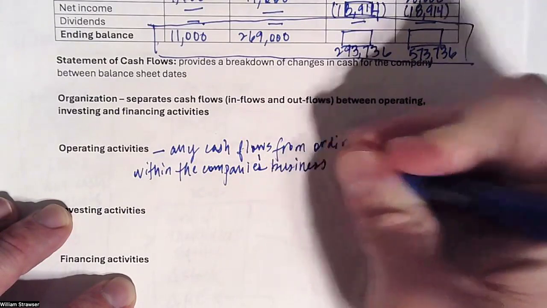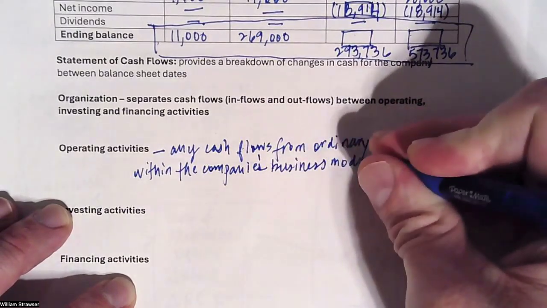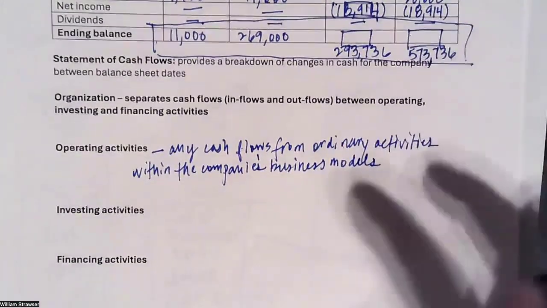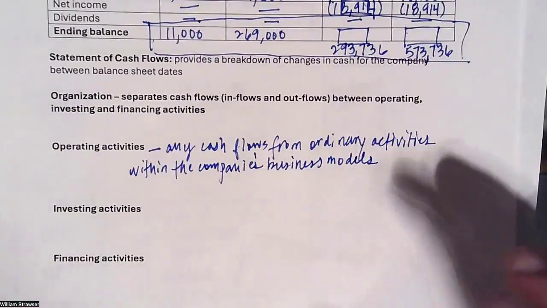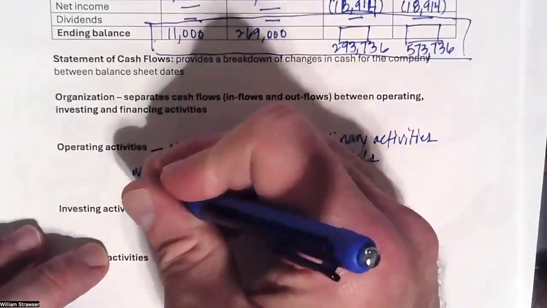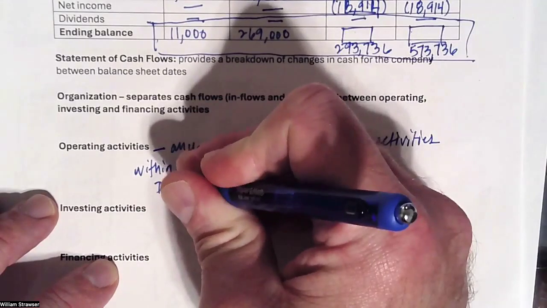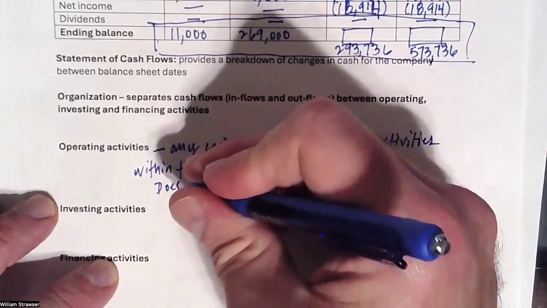Their business models dictate what they do, and these cash flows are from those activities. Notably, it does include interest payments, even though interest payments seem perhaps more related to financing flows.